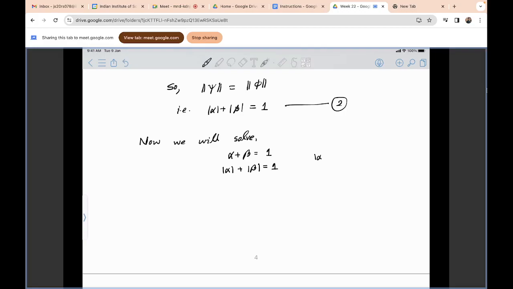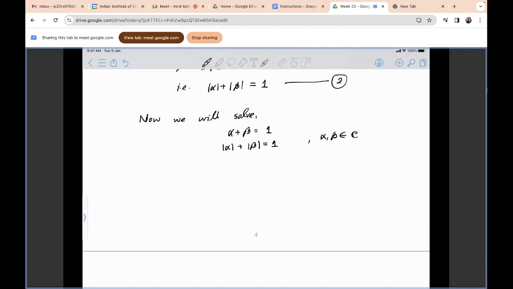Here alpha and beta are complex numbers. So let alpha be A1 plus iB1 and beta be A2 plus iB2.